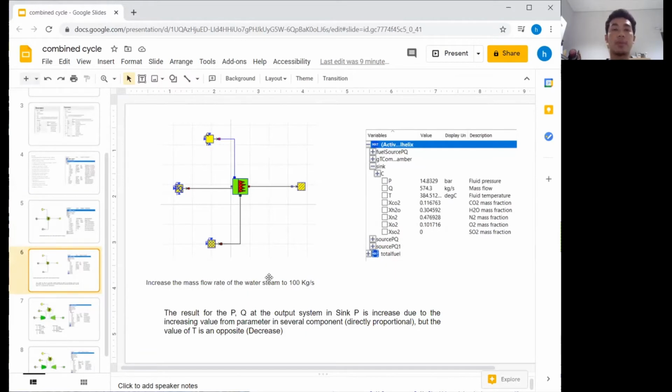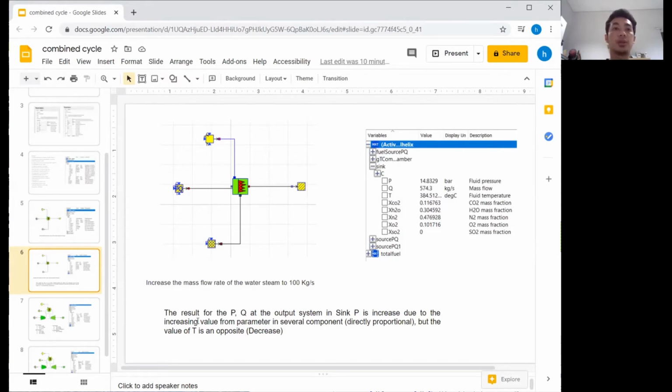It is also the same, but I will also increase the value of the water stream mass flow rate, to 100. We can see that the value is almost the same for the fluid pressure, and the mass flow is also increased from 400 to 500, but the fluid temperature is decreasing.